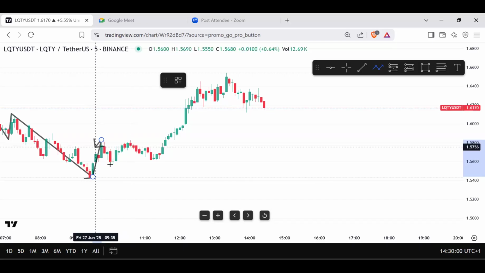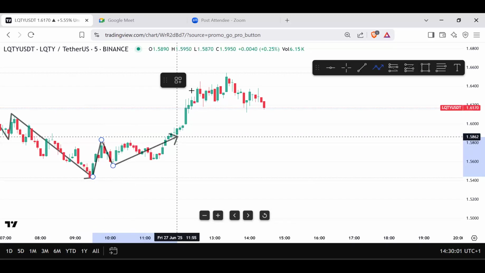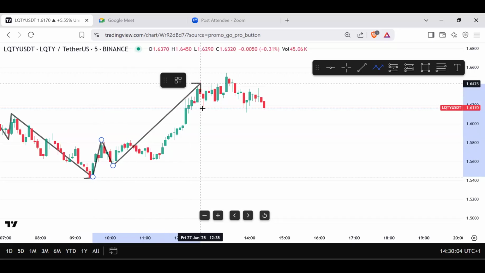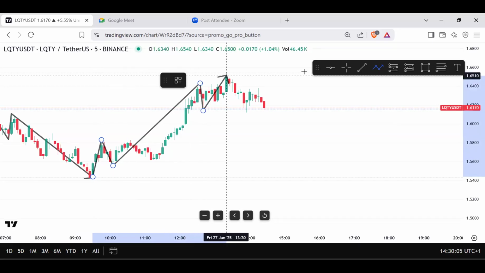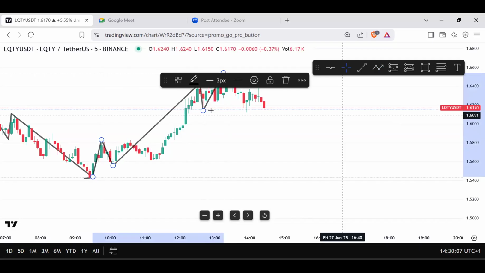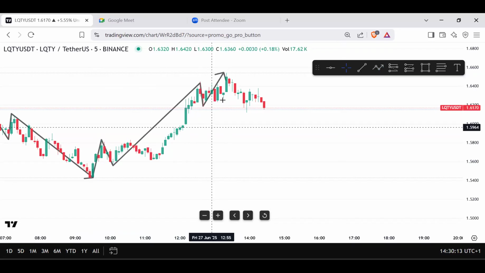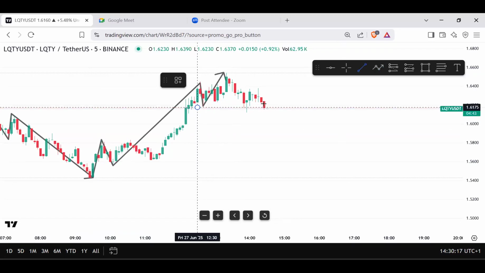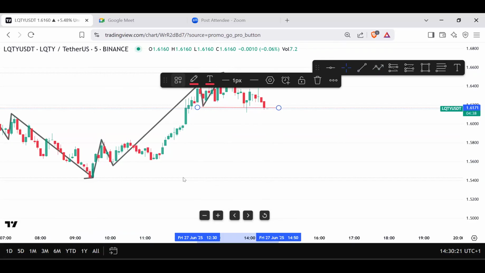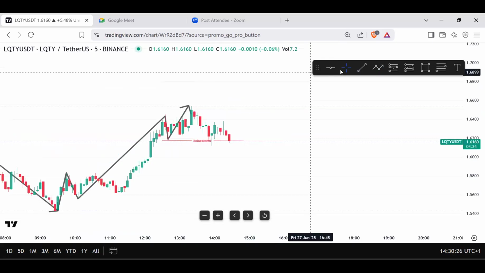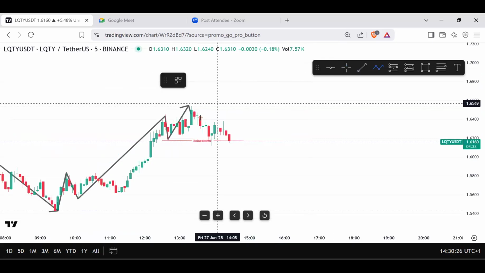We're having another impulse. And the impulse, when it's going straight away, there's another impulse. So now this is the last inducement. Inducement and correction. See that the correction has happened.